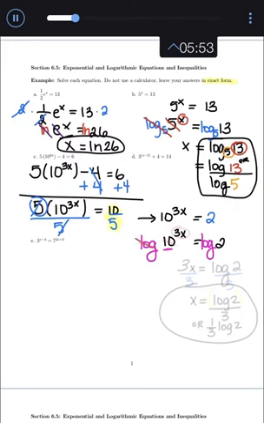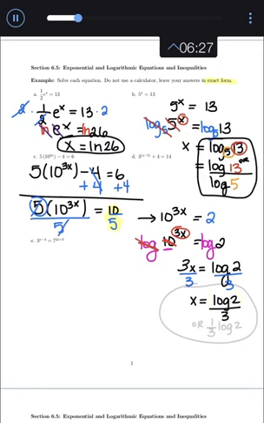So what that does is it gets rid of my log with the base 10, because they're both the base 10, and it will leave me with a 3x on the left-hand side equals log of 2. Last thing that we would do is get the x by itself. We'll divide both sides by 3. And that gets me that x equals log of 2 divided by 3.